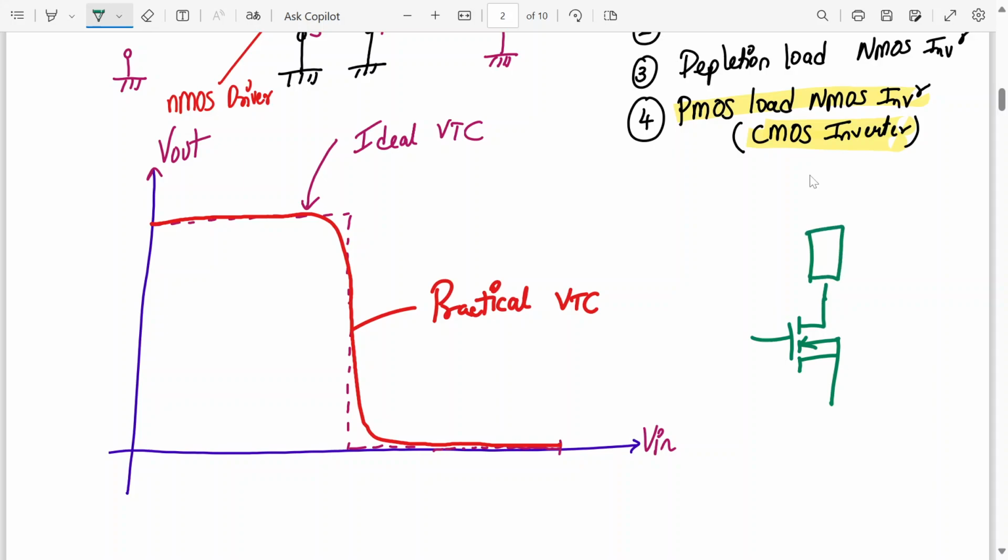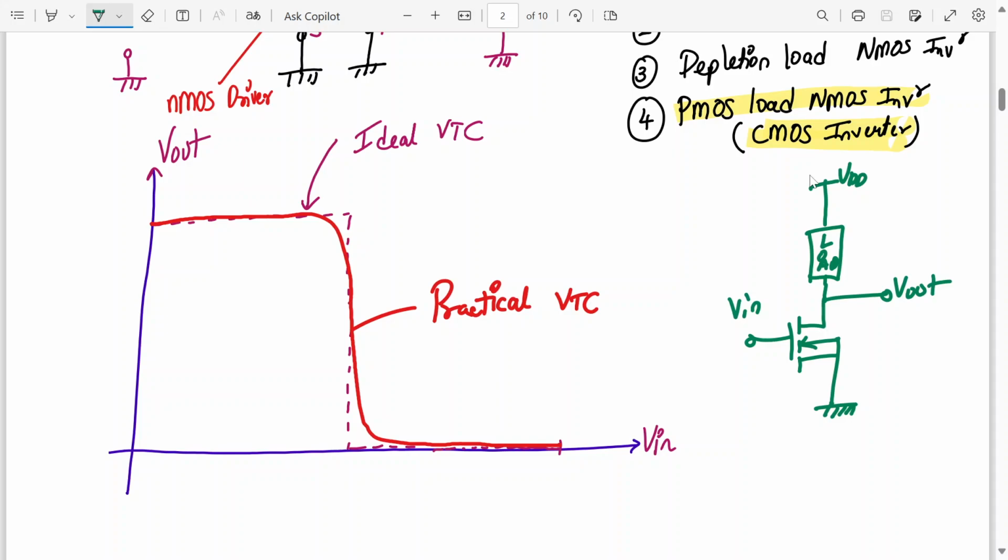This is my load. I don't know what my load should be. VDD. That's my V out. That's my V in. So this is my NMOS inverter in generalized form, where the load can be any of the 4 types.